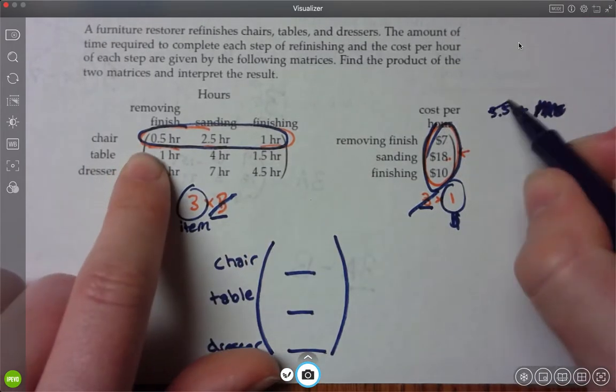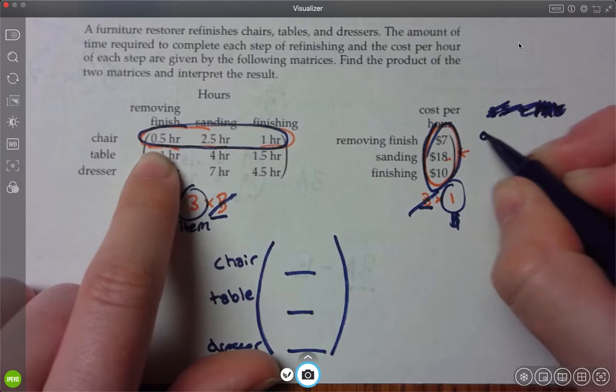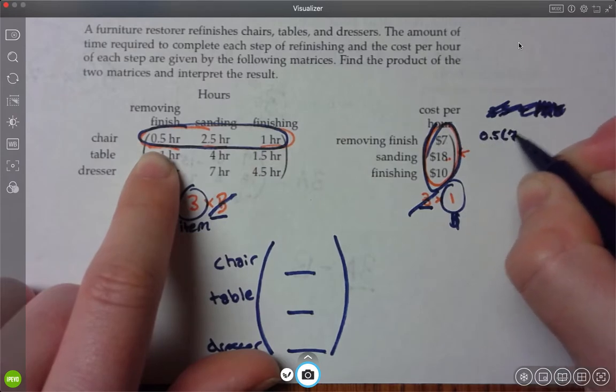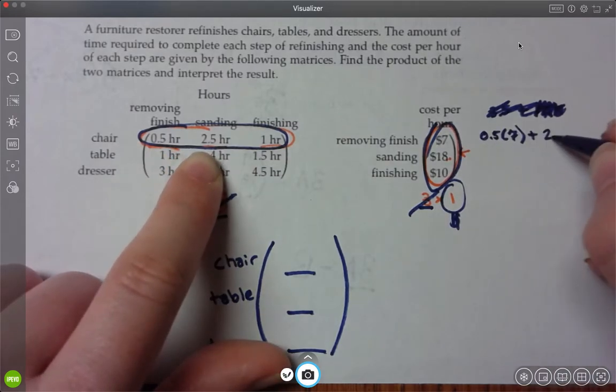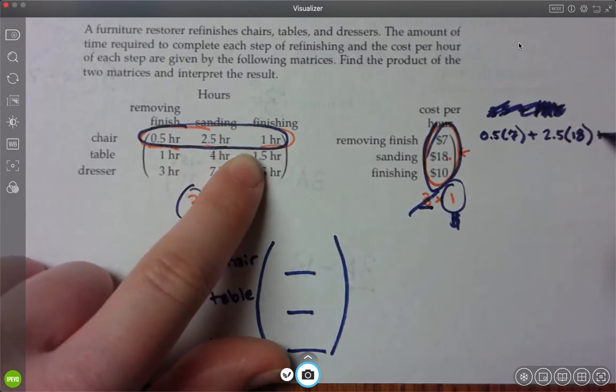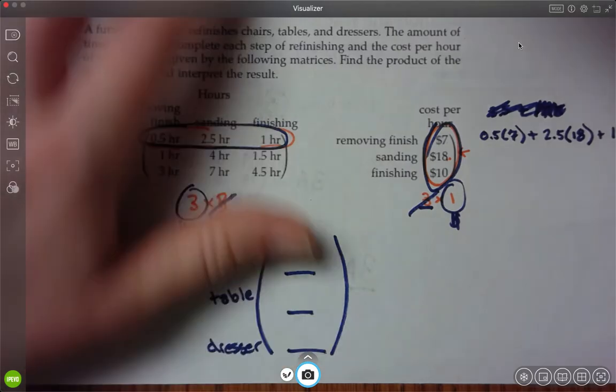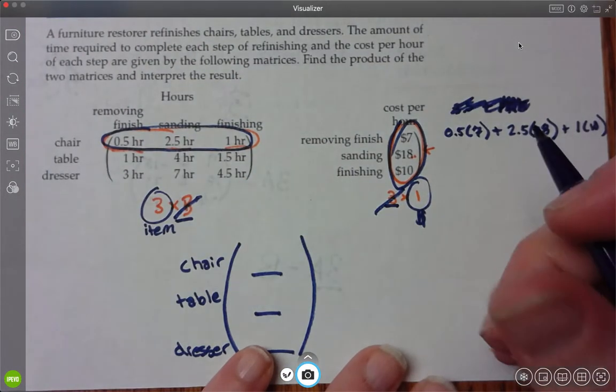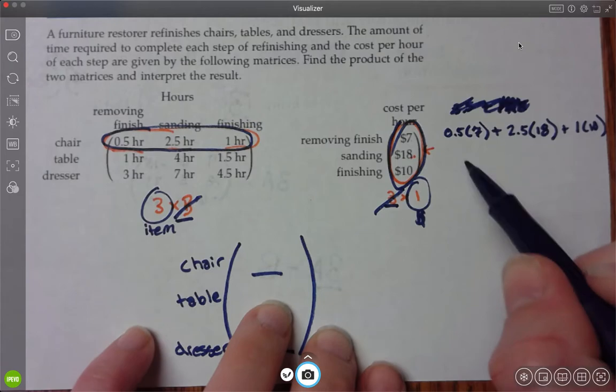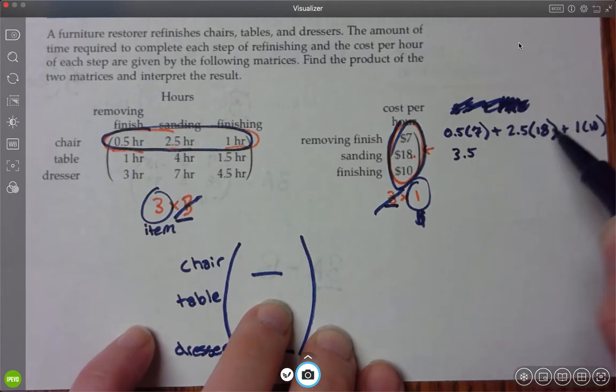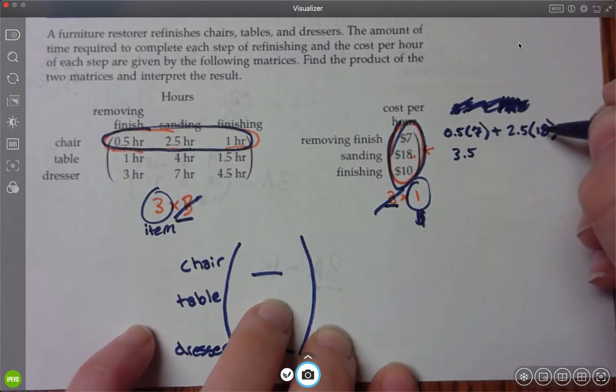Let me just write this all out. I'm going to do 0.5 times 7. Let's do this. I want to take 2.5, not times 7, times 18. There we go. And 1 times 10. That's what it's going to look like. So let me write this out so I don't get confused. Half of 7 is 3.5. 2.5 times 18 is 36 plus 9, which is 45.